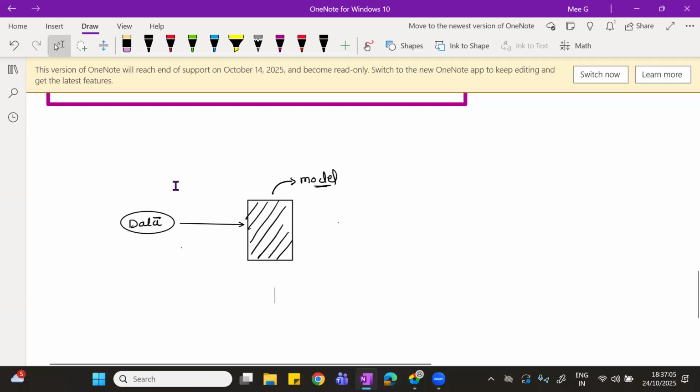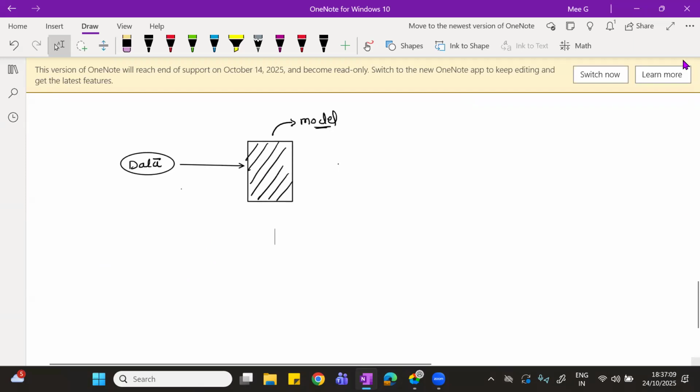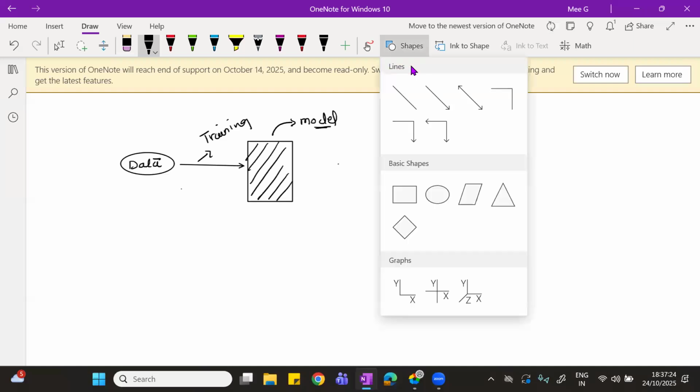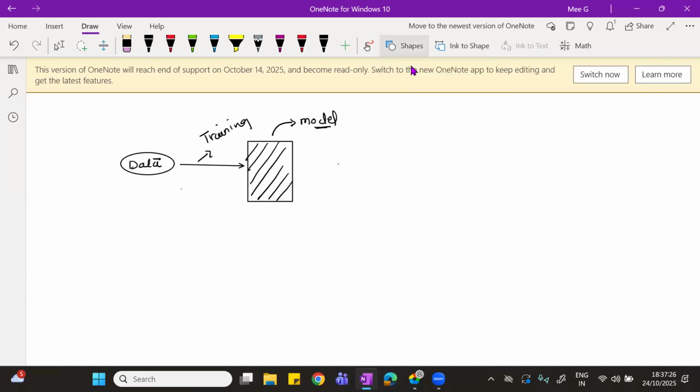Now here, this is a core mechanism. As I told you yesterday, this portion, where we are training, is called training. This training is done in 3 different ways. Actually, they say 4, but you can take it as 3 different ways. Officially, it is considered as 3 different ways.